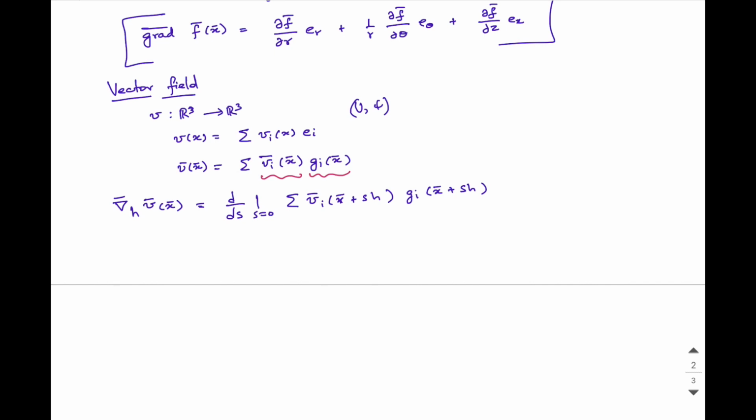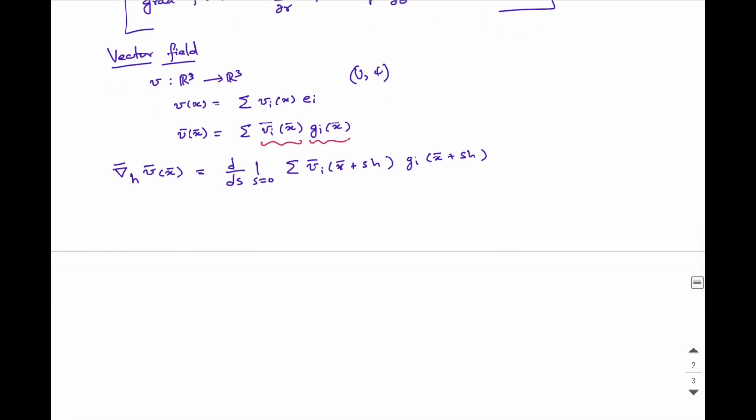Now once you understand that, the rest is straightforward, because all you have to do is apply the chain rule, and again you have two terms over here, so you apply the product rule and then apply the chain rule in each case.